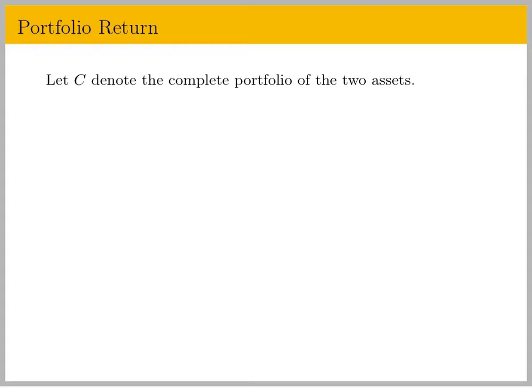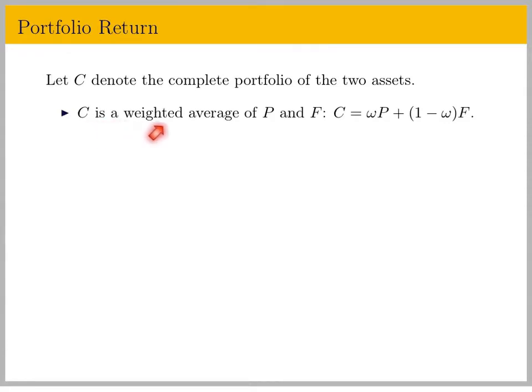Now let C denote the complete portfolio of the two assets, where the individual has invested some fraction omega in portfolio P and some fraction 1 minus omega in portfolio F, or the risk-free. So C is just a weighted average of P and F. That is, we will write C is equal to this fraction times P plus this fraction times F. It's very simple.